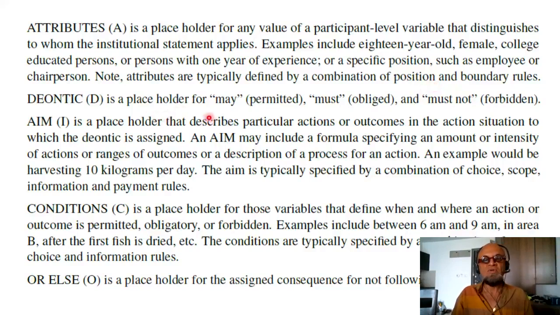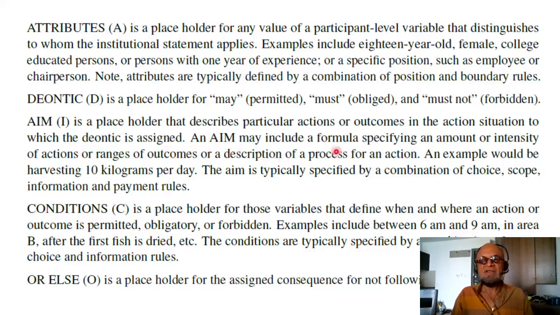Deontic is a placeholder for may, which is permitted, or must, which is an obligation, and must not, which is forbidden. Aim, for which I is used in the ADICO acronym, is a placeholder that describes particular actions or outcomes in the action situation to which the deontic is assigned. The may, must, or must not is assigned to this aim.